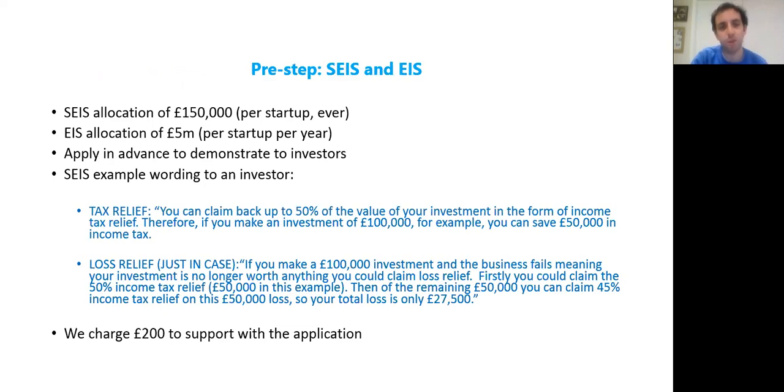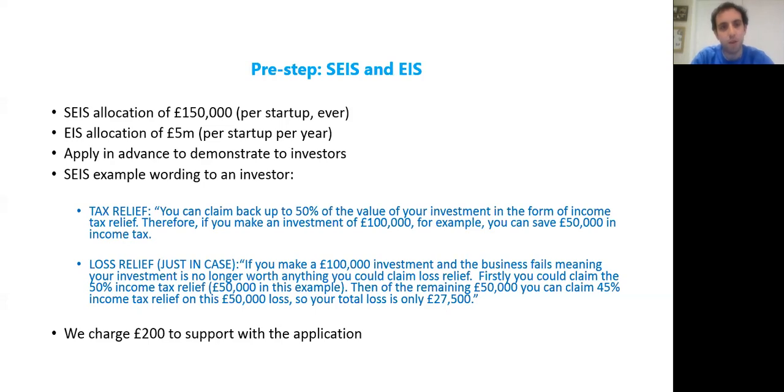It stands for Seed Enterprise Investment Scheme and Enterprise Investment Scheme. For SEIS, it entitles your company to receive investment of up to £150,000, and the investor is entitled to obtain amazing tax reliefs on it.